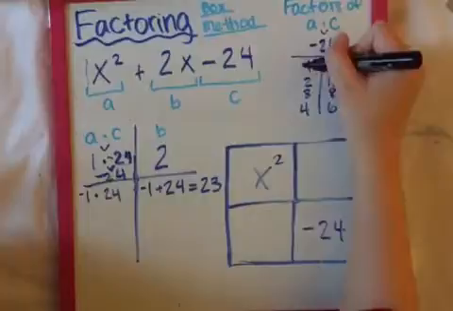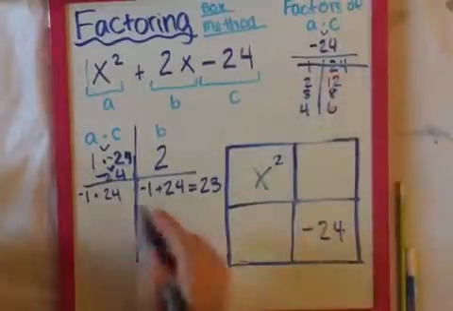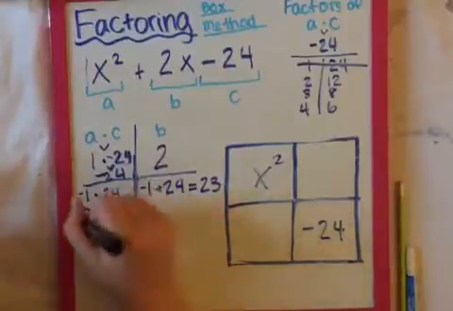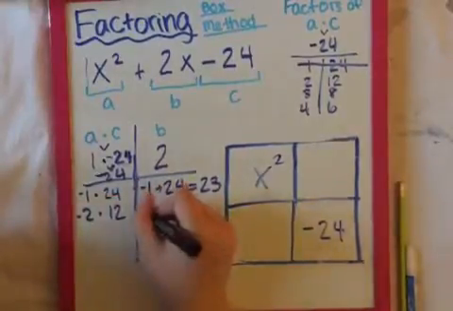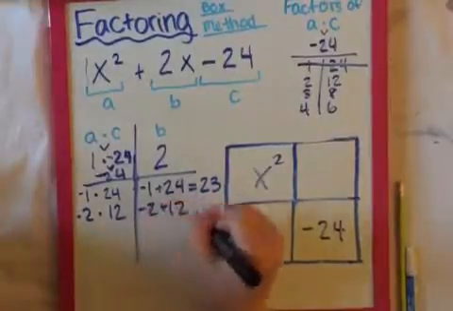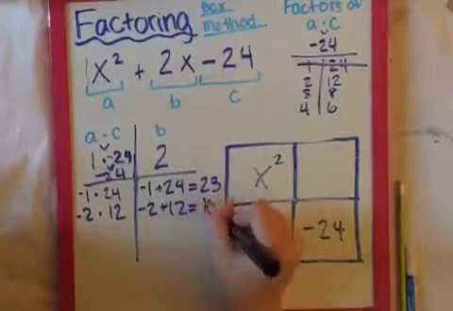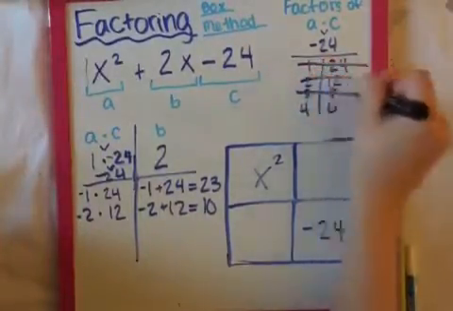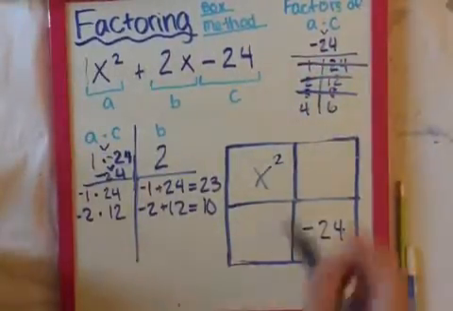So why don't we mark this one off and go to the next one. So we have 2 times 12, and let's say we have a negative 2 here. So negative 2 plus 12, that gives us 10. That is not 2. It's not 3 and 8 either. I'm just going to skip ahead for time purposes.